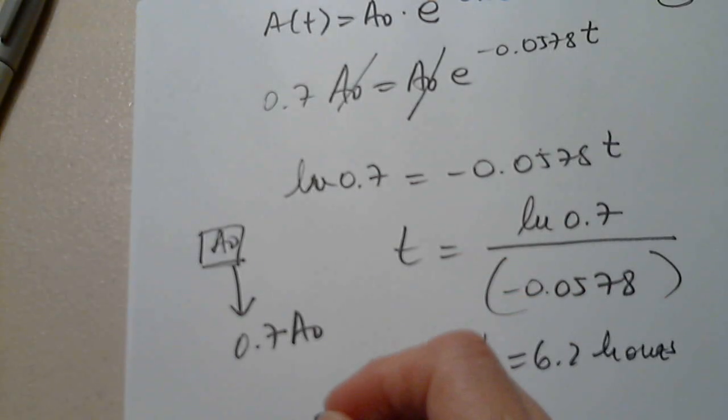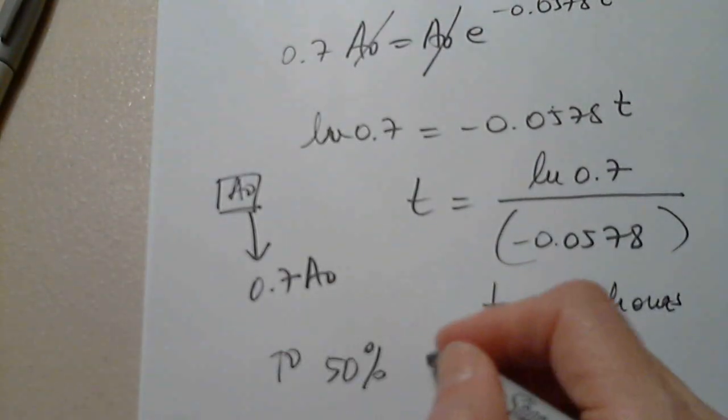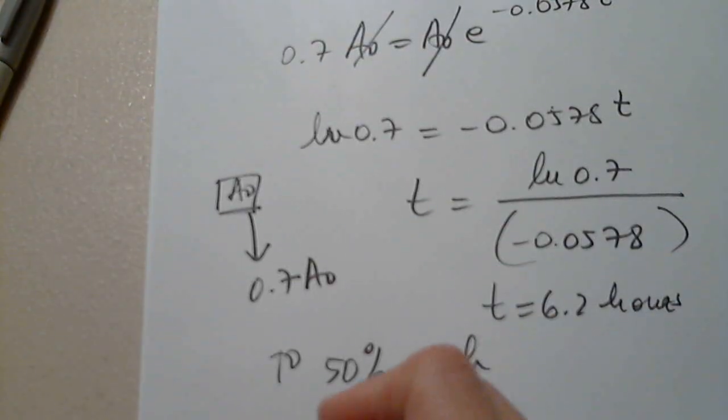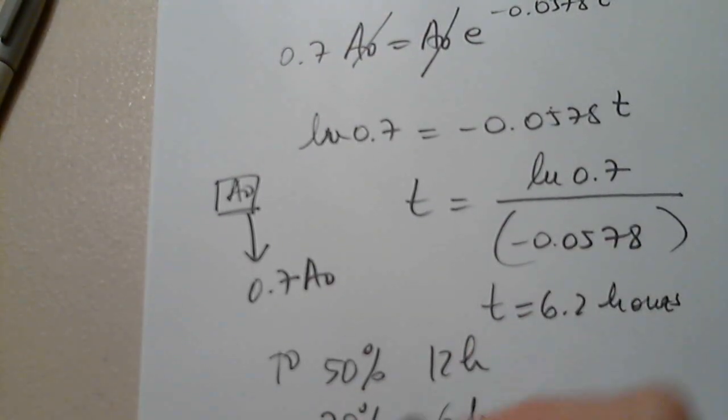So again, to reduce to 50%, 12 hours. To reduce to 70%, less, of course, 6 hours. Of course, if we want to reduce it to 30%, it will definitely be more than 12 because it's less than 50%.